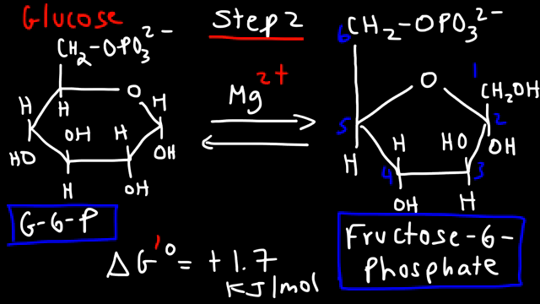So with that in mind, what type of enzyme do we need if we want to create an isomer, if we want to catalyze a rearrangement reaction? What type of enzyme will help us to do that? For rearrangement reactions, you need an isomerase enzyme.